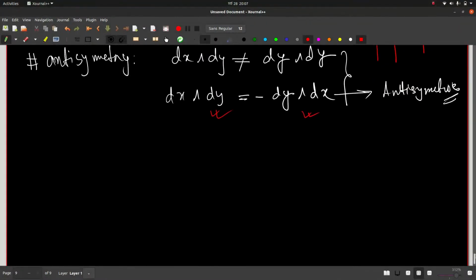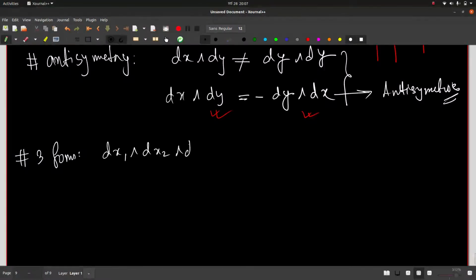Okay, so this is for differential 2 forms. Now what about differential 3 forms? Just like differential 2 forms, you can define differential 3 forms as follows, so let's just call them 3 forms. And now let's say instead of xyz we turn our notations into x1, x2, x3 and so on. So it will be something like dx1, dx2, dx3, which will act on 3 vectors, let's say w, x, y.